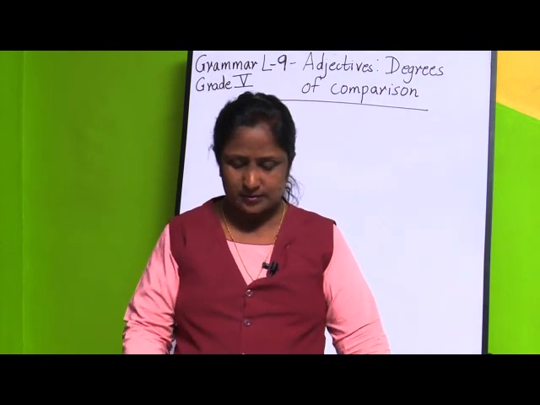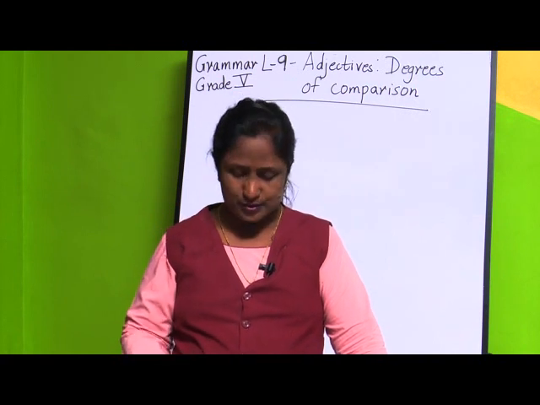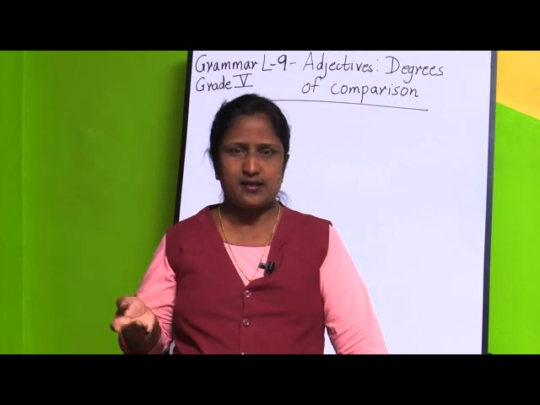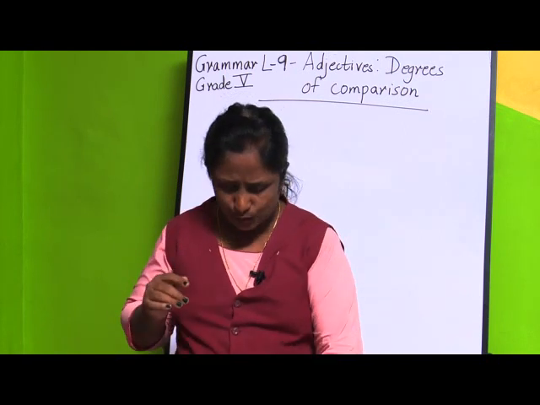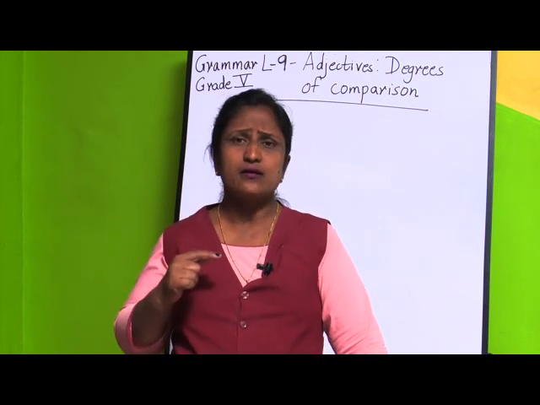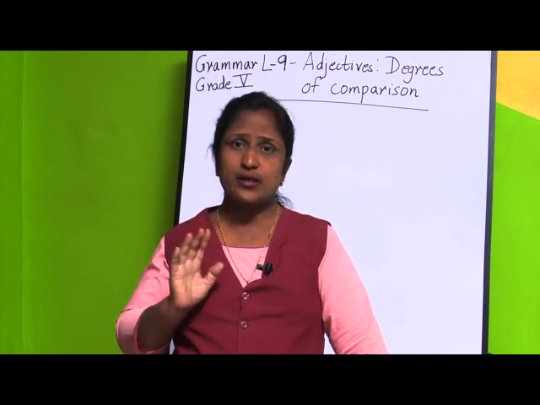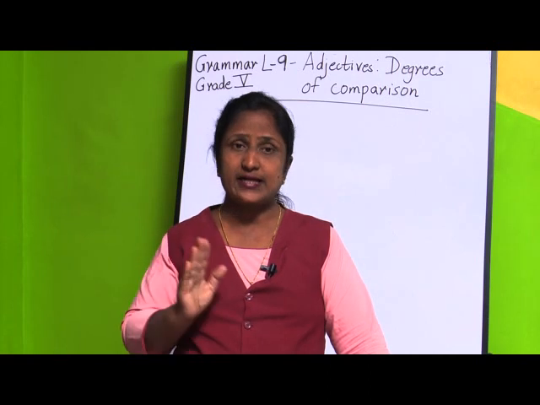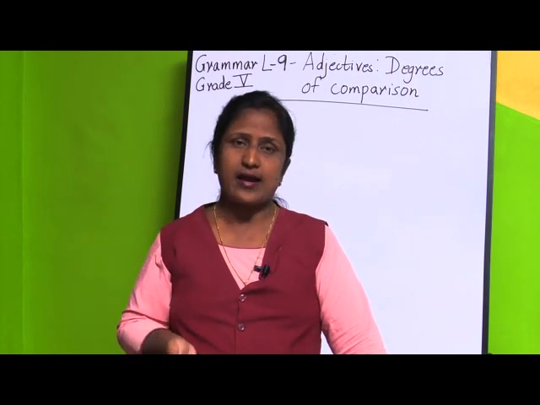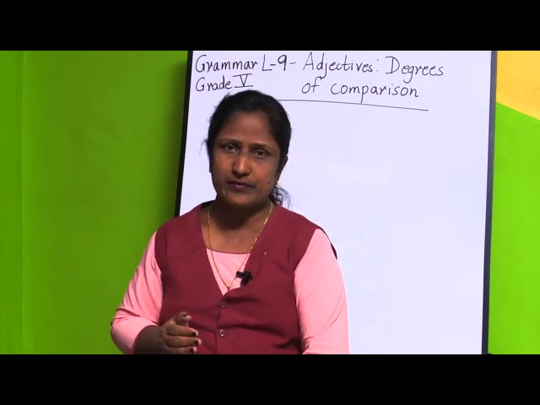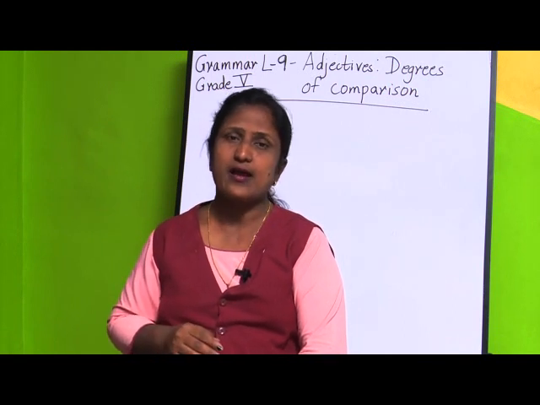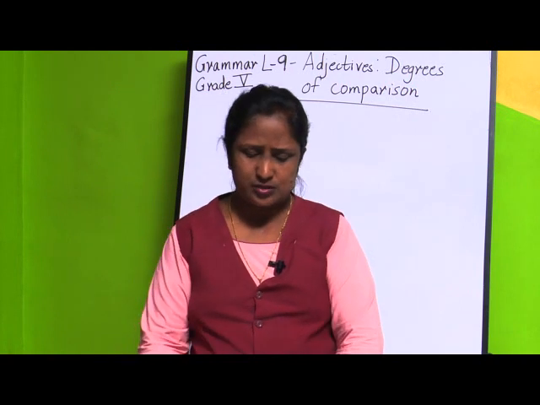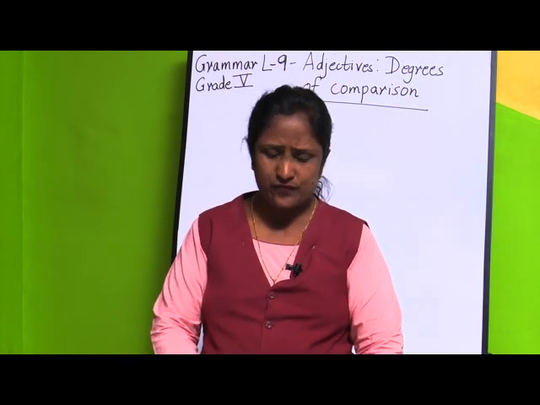Also I told the other 3 how you are going to use the degrees of comparison. For positive: as, adjective, and as. For comparative you are going to add er, and the word than will be after the adjective. In the superlative degree the word the will be before the adjective, and you are going to add est. So this was all about degrees of comparison.